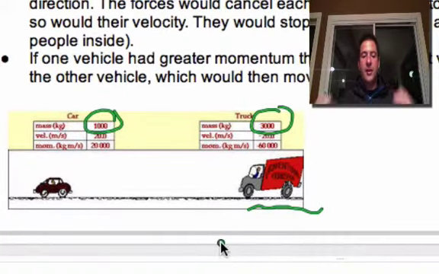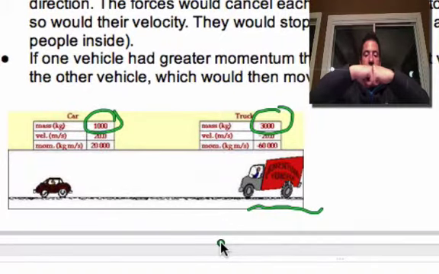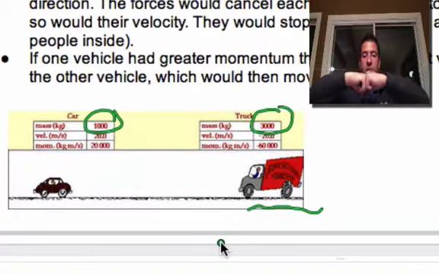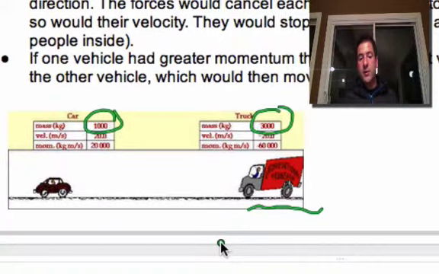So it's going to hit the car, and the car is going to move backwards. Because the truck has greater mass, in that head-on collision the car is going to experience negative force, and the truck is going to feel positive force, and it's going to move the car backwards. Not probably, it will.